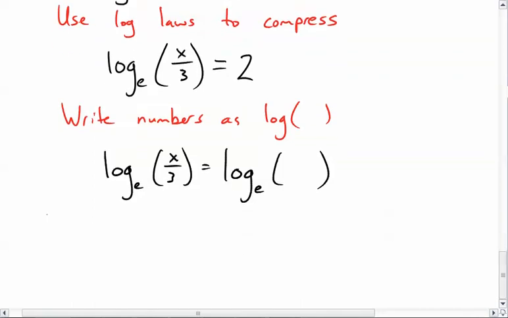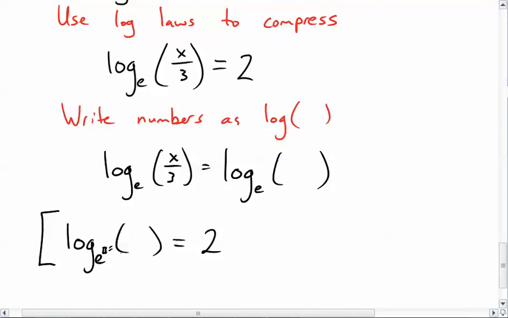So we need to figure out, what would I take the logarithm of so that the answer would be 2? Well, remember, a logarithm just means e to the power of what number is equal to whatever's inside the logarithm.